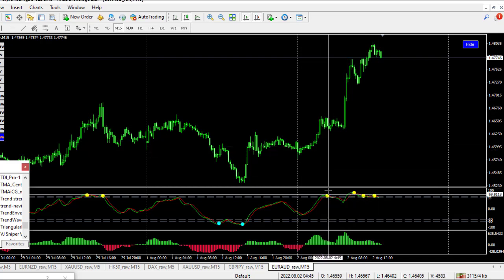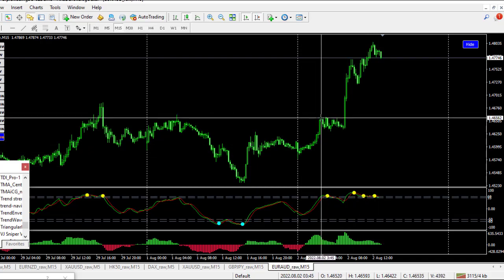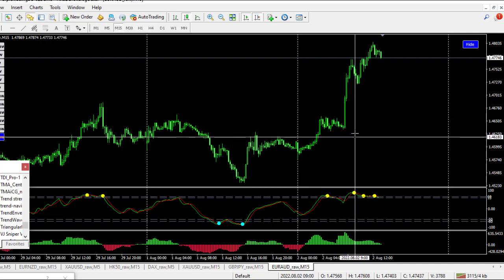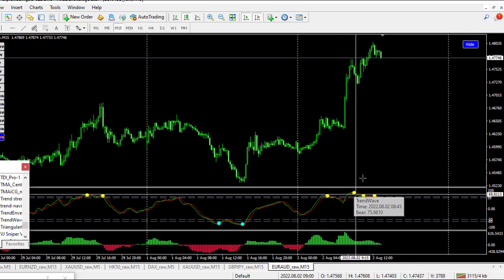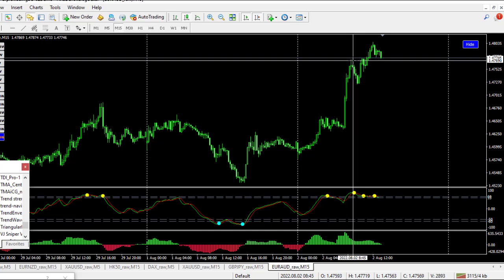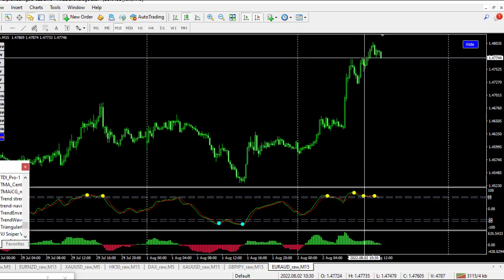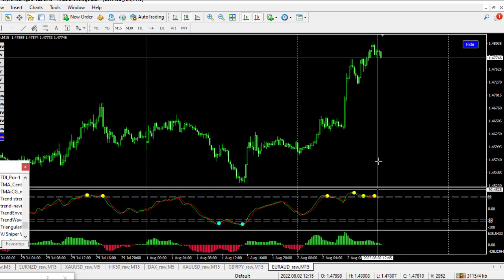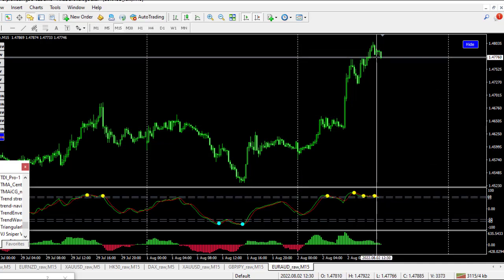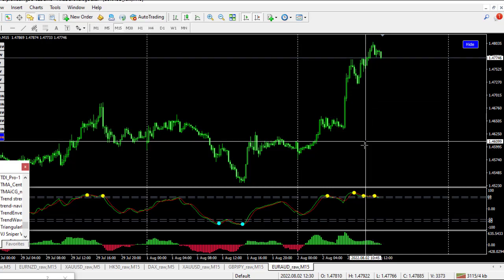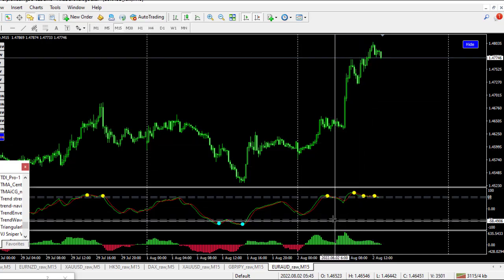If you enter at the first trade, you'll hit stop loss. We enter at the second ball of trend wave, you lose that trade again, and the third one you lose again, and the fourth one is forming right now, but we do not have confirmation from the second indicator. So that's why I combine these two indicators together.